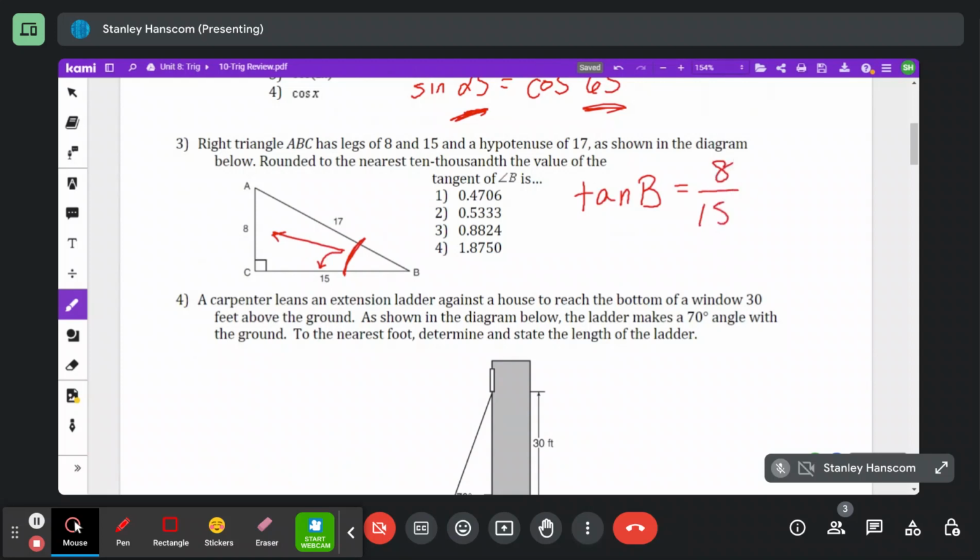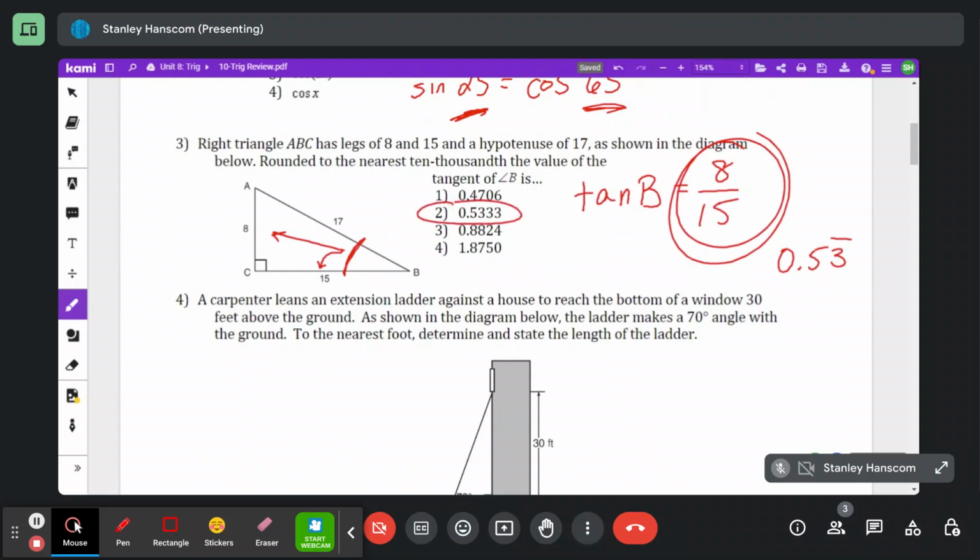So the tangent of B is equal to 8/15. This is not asking you to find the number of degrees of angle B, it's just asking what is the tangent of B. So it's asking us for the decimal form of 8/15, and 8/15 is 0.53 with the 3 repeating. It is choice 2.